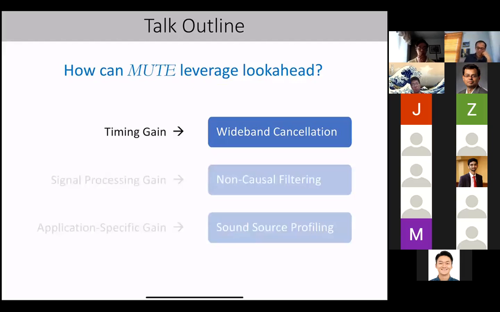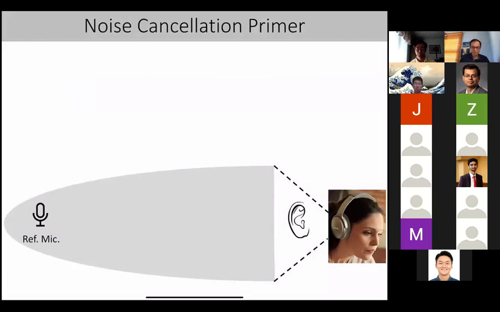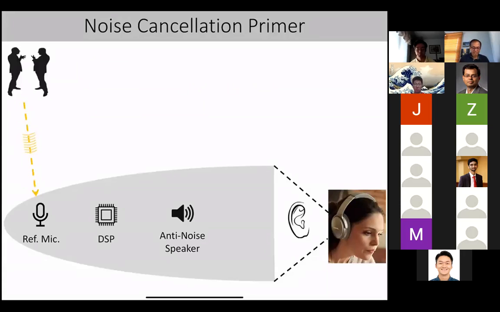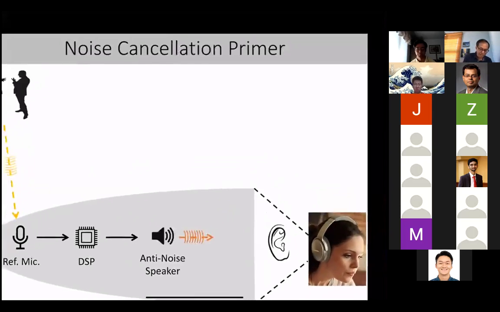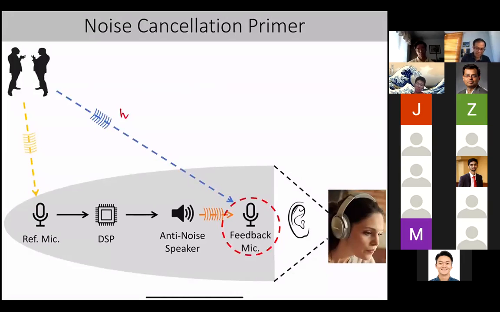Okay, good. So let's start with this wideband cancellation. What's inside a noise headphone? Now you know this reasonably well. The signal comes in over a channel H, over a channel G. The signal also comes to the feedback microphone over a channel H. The feedback microphone gives this error feedback EK.